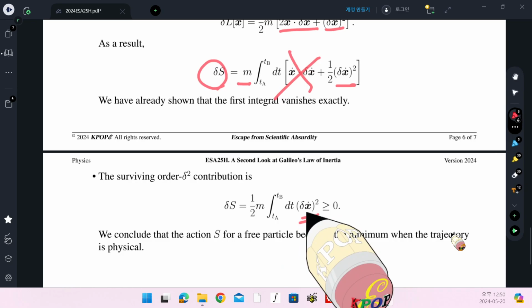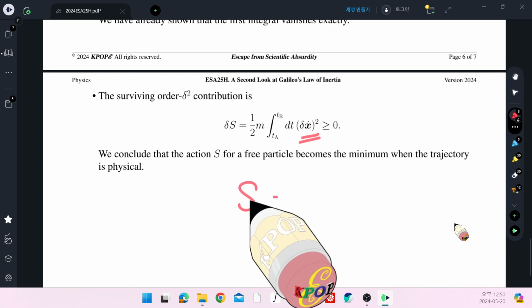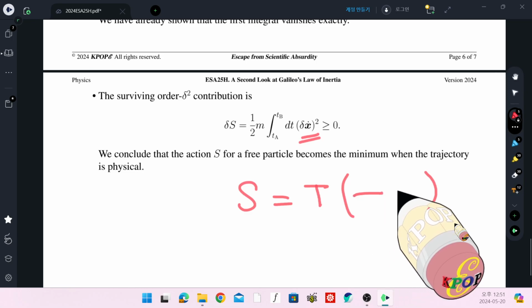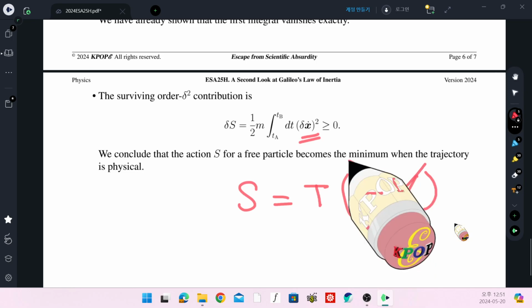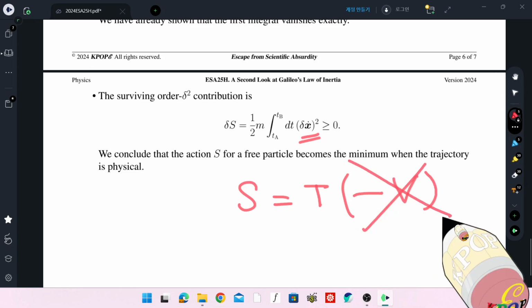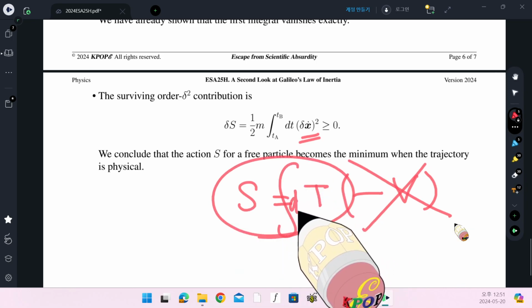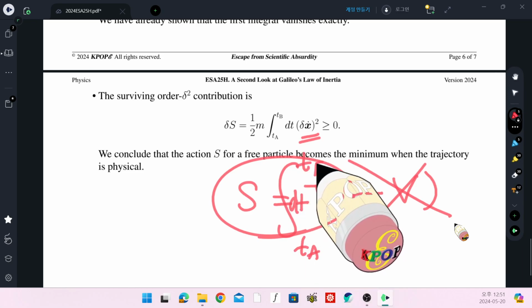As a result, we have found that the action, that is the kinetic energy, in general should be subtracted by the potential energy. However, in the case of a free particle that is free of a potential energy, whose potential energy is constant, the action is the time integral of kinetic energy only.